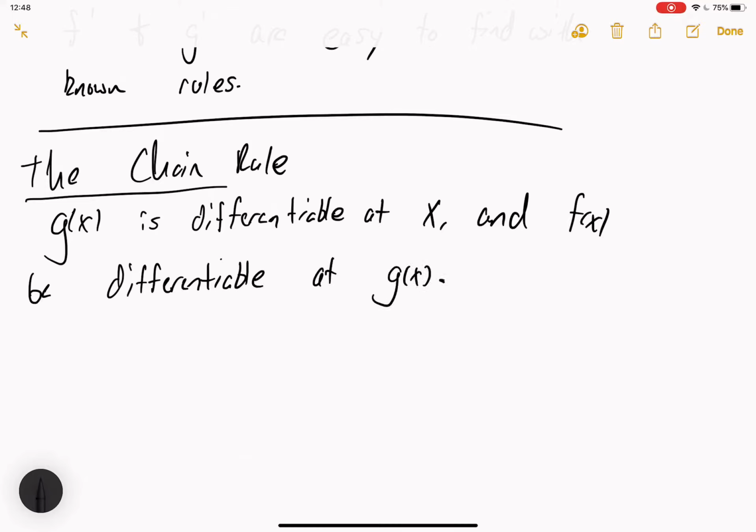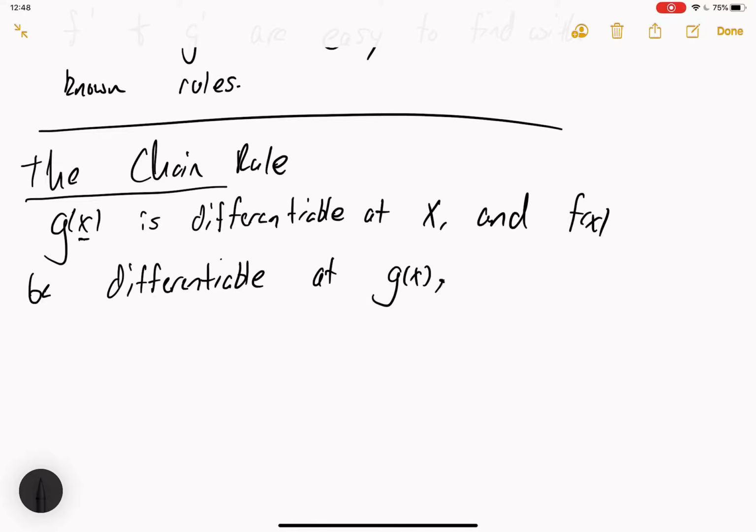So my assumption might be weird, but just know that x is the point where we're finding the derivative. But whenever we want to do the composition, we want to find the derivative at the thing on the inside, in this case g of x. So that's just more of a technical assumption. That way, whenever we take derivatives, it's pretty nice.